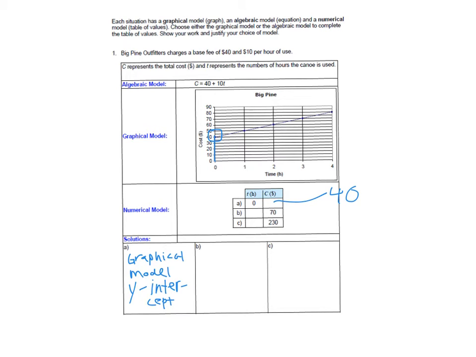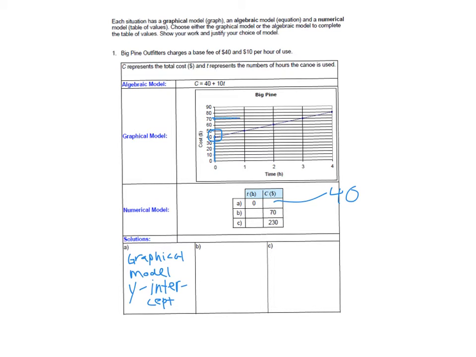Okay, so then B. In B, I'm given the value for C as 70. And again, I can use the graphical model because I can see the answer in the graph. So what I would do is find 70 on the graph, which is right here. And then I would see what is the value of x on the line where y is 70.